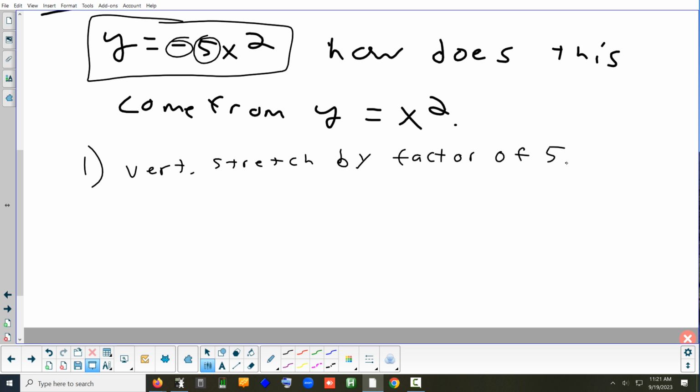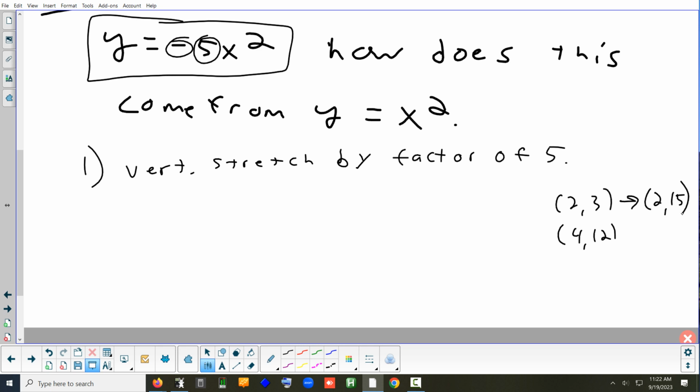So what does that mean? Let's say you had a bunch of coordinates for your graph. Let's say you had hundreds of them. When you vertically stretch something by a factor of 5, it means all the x values stay exactly the same, and all the y values get multiplied by 5. So this point would turn into (2, 15).